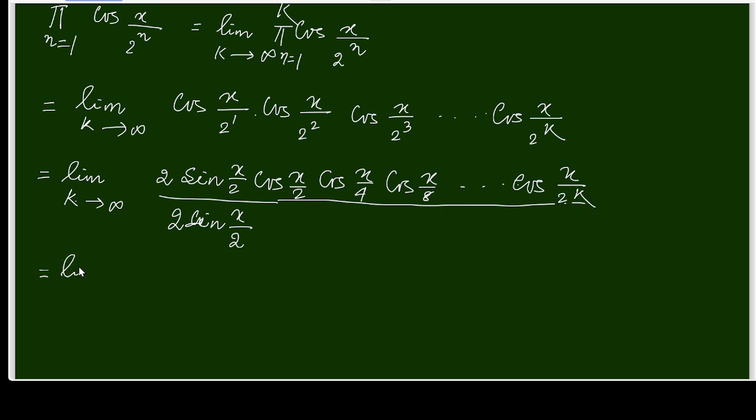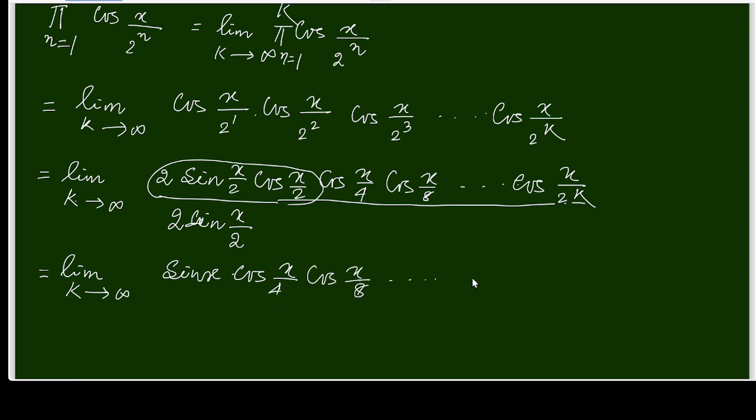Now in the next line, 2 sin x by 2 cos x by 2 will become sin x, then cos x by 4, cos x by 8, up to cos x over 2 power k.